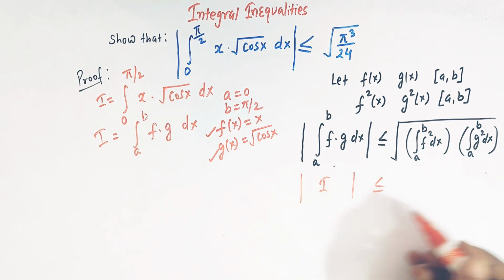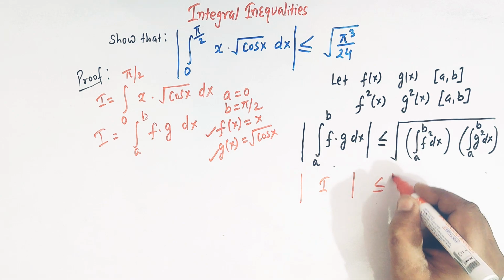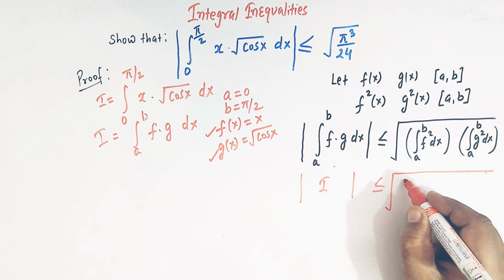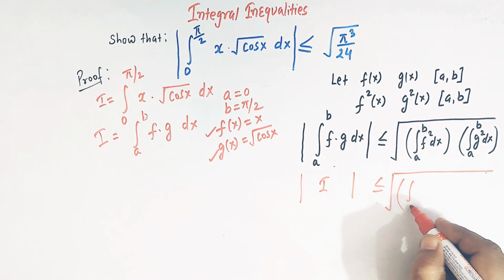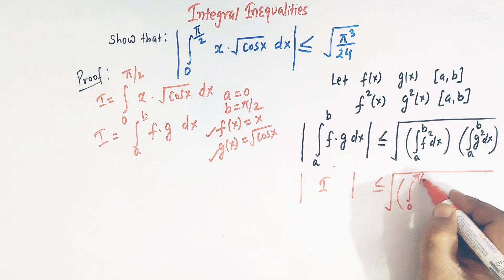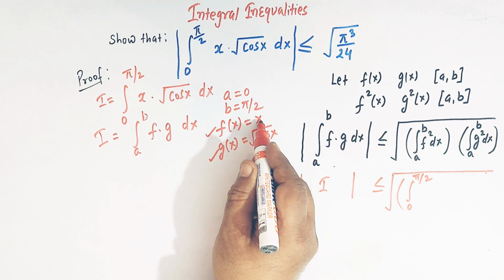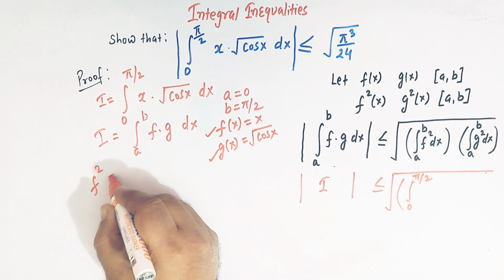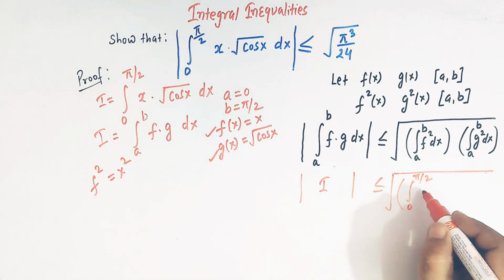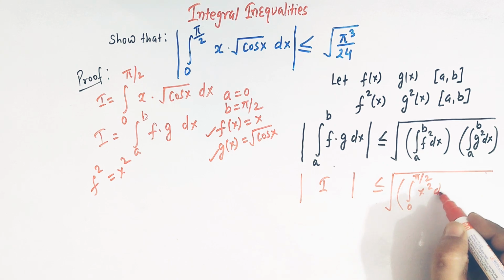is less than or equal to the square root of the first integral, from 0 to pi by 2, of f square. Here f of x is x, so f square is x square, giving x square dx.